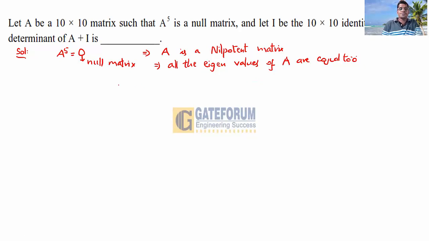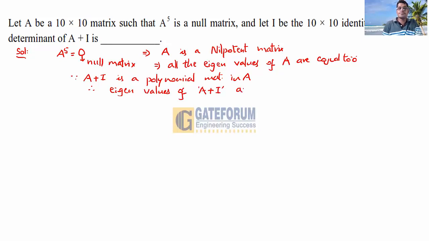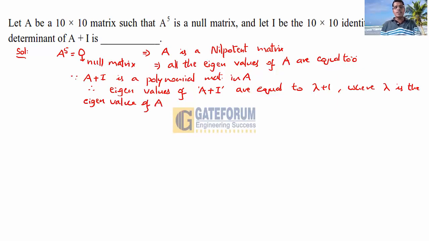Okay. Now, since A plus I is a polynomial matrix in A, therefore, eigenvalues of matrix A plus I are equal to lambda plus 1, where lambda is the eigenvalue of matrix A. 1 is the eigenvalue of the corresponding identity matrix.